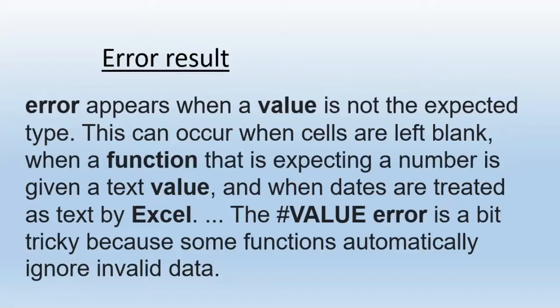This can occur when a cell is left blank, when a function that is expecting a number is given a text value, and when dates are treated as text by Excel. The value error is a bit tricky because some functions automatically ignore invalid data.